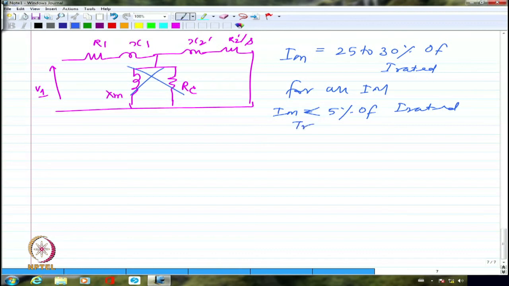This we talked about repeatedly when we were discussing transformers. Right? Look at the difference. Very clearly I can't neglect it, but for the heck of it right now I am neglecting. Okay?